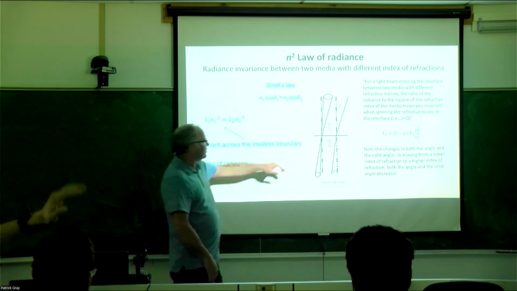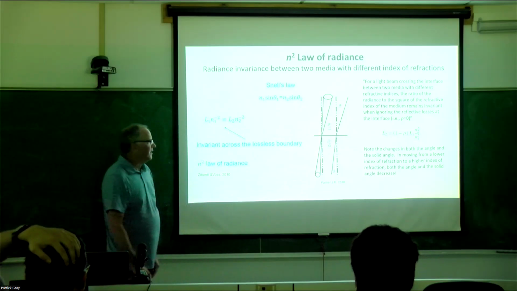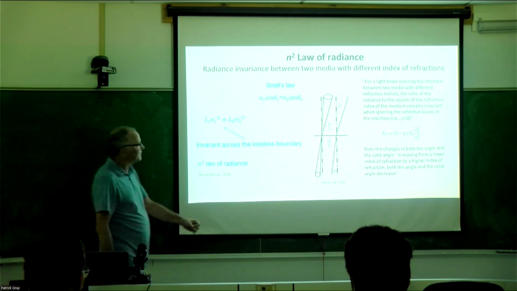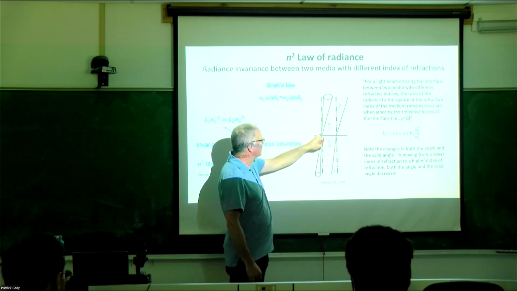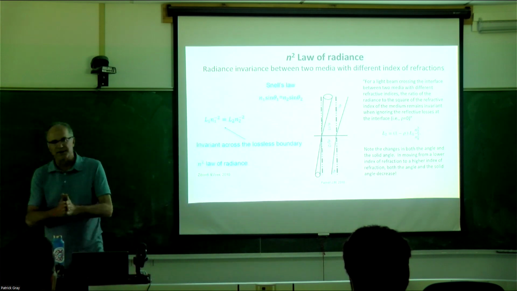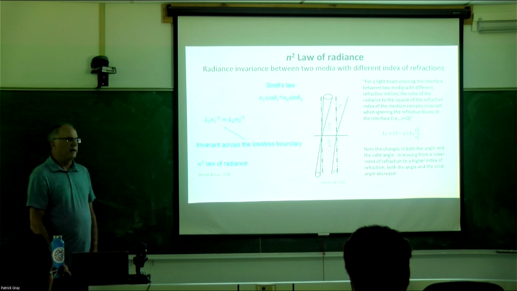But note, when you cross it, two things happen. One, you get a change in both the angle and the solid angle. So one looking this way, starting from this point, goes that way out, one going down, so you get two different changes in both the sine and the angle, as well as the actual solid angle.